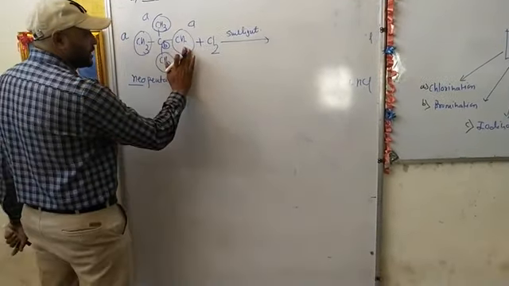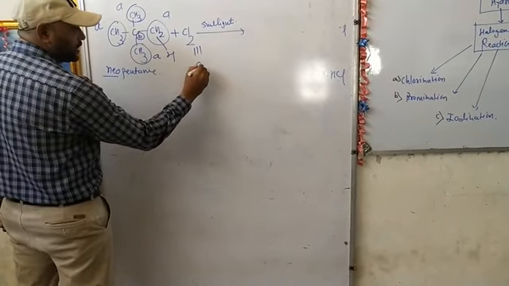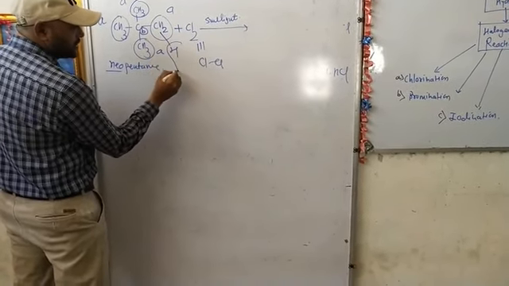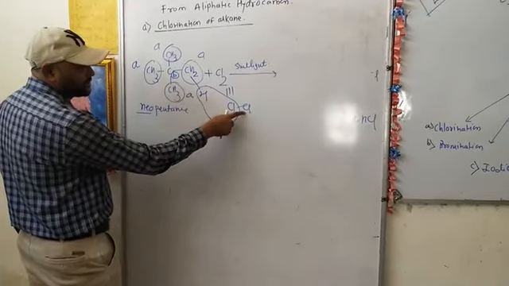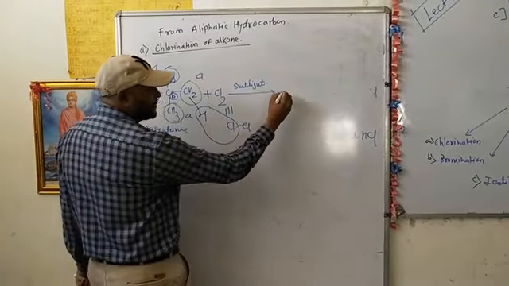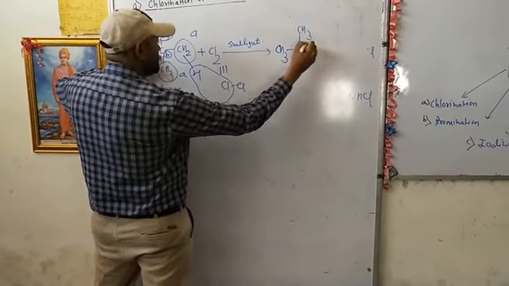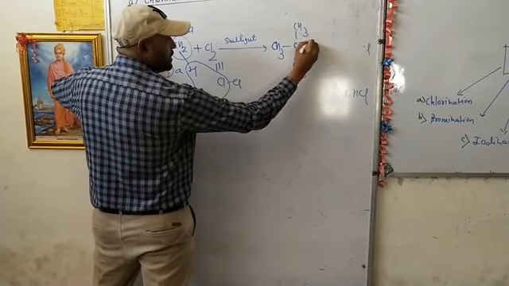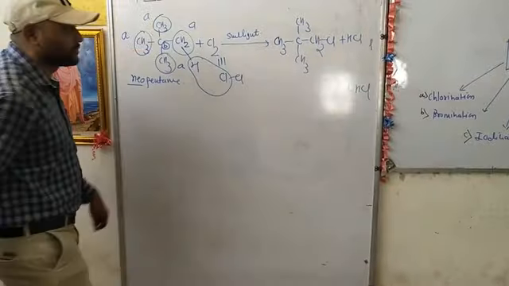So we can replace the hydrogen from this side, CH2, H from this side and Cl from this side, and this hydrogen is replaced by chlorine. So what is the product formed? CH3, C, CH3, CH3, CH2, Cl plus HCl.